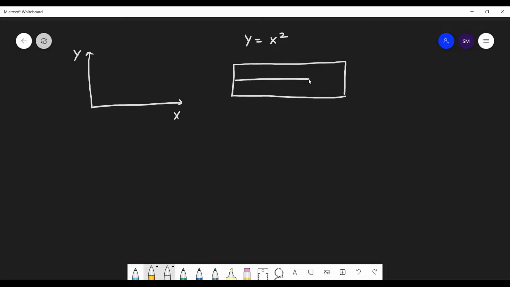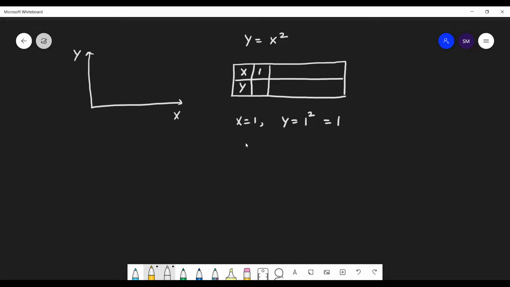Then you make a table, x, y. If you put x equals to 1, what will you get y equals to? Put x equals to 1 here. So x equals to 1, y equals to 1 square. This is x square, y equals to 1.